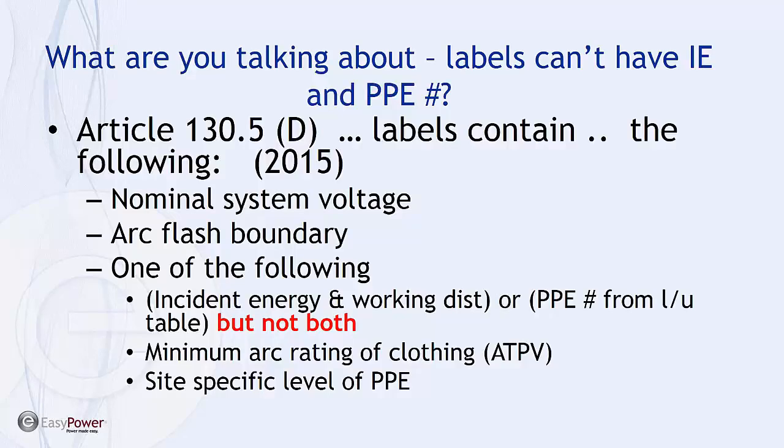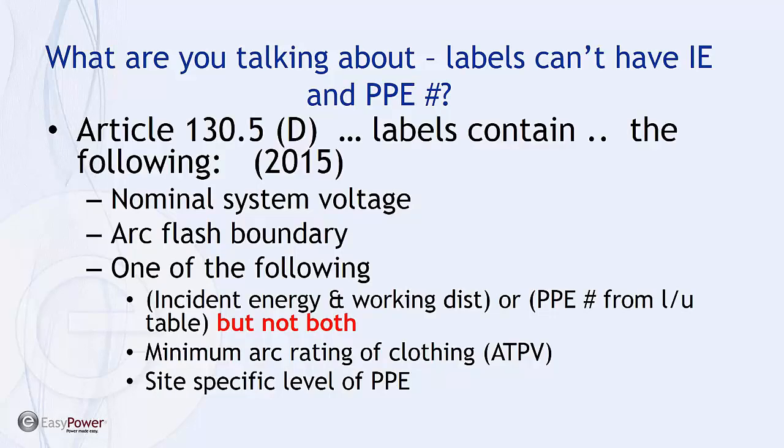Article 130.5, paragraph D, the labels shall contain the following, and this is the 2015 version: nominal system voltage, arc flash boundary, and one of the following: incident energy and working distance, or the PPE category from the lookup table if we use the lookup table method, but not both. So if we use incident energy, we cannot use the PPE category, and don't even think about talking about HRC. So, one of the following.